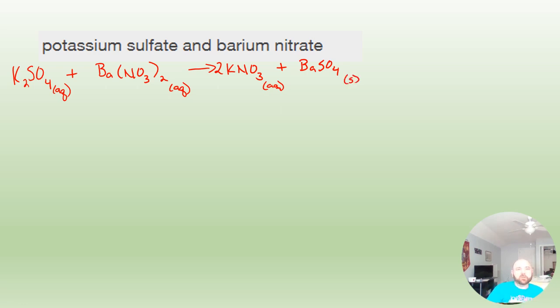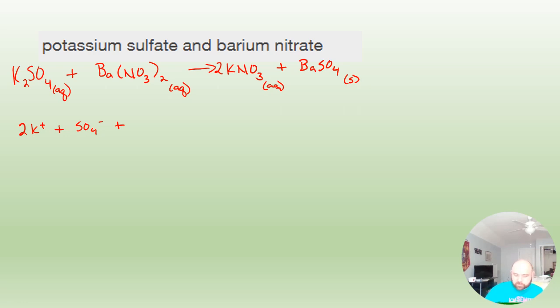Now I'm going to break all of these apart into their ions. A potassium sulfate formula, when I dissolve it in water, busts apart into 2 K plus ions, plus 1 sulfate ion, SO4 2 minus.